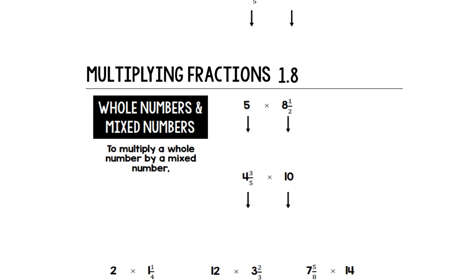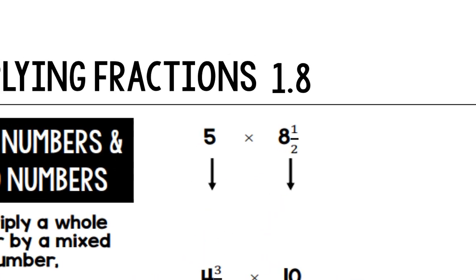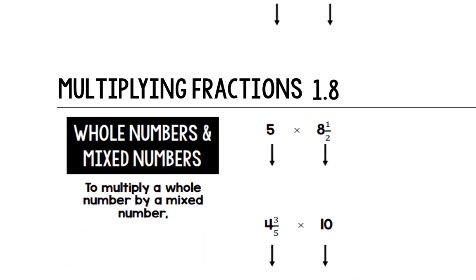When you're multiplying with mixed numbers, you do have to take those mixed numbers and turn them into improper fractions before you can do your multiplication. So for example, when we have 5, let's do 5/1, there's my fraction there.